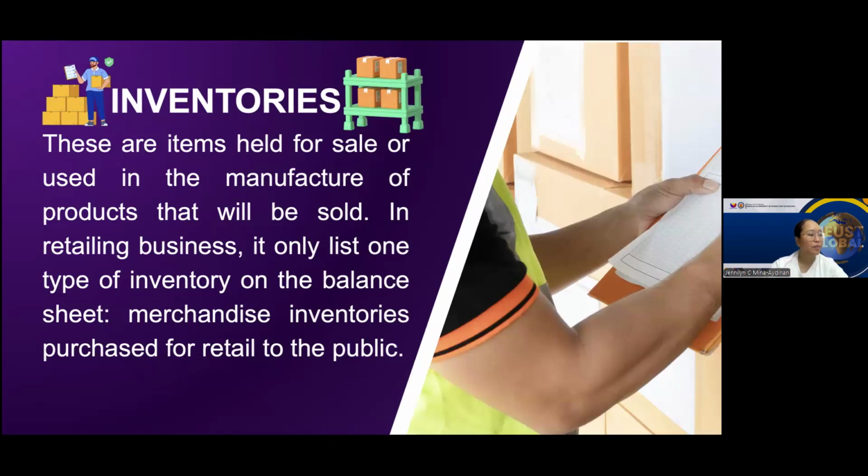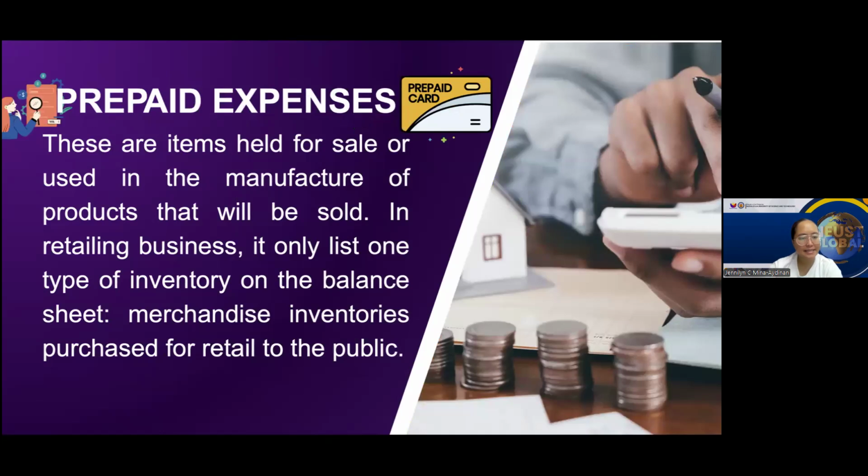And then we have the prepaid expenses, which are payments made in advance for goods or services that will be used in the future. So these are considered current assets until the expense is incurred. Common examples include prepaid insurance, rent, and utilities.